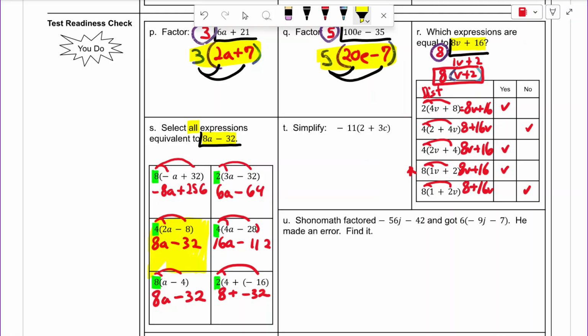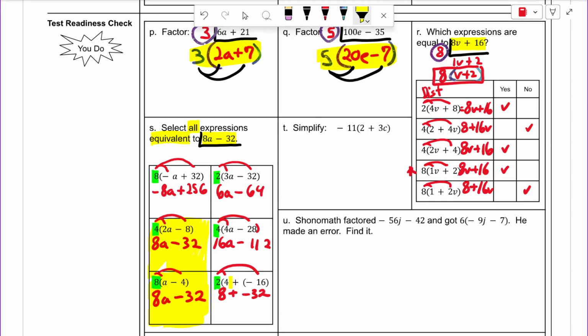We have an 8a minus 32 right here. That's another good one. And this last one almost looked good, but we're missing something. We're missing the a. Notice it's not there. So if you chose that one, that is wrong. So there's only 2 of the 6 that are equivalent.